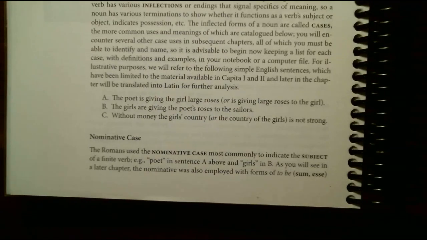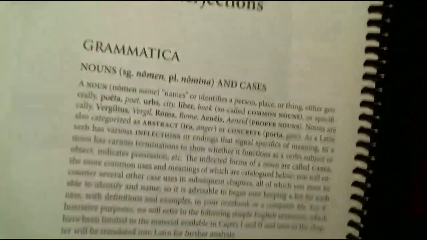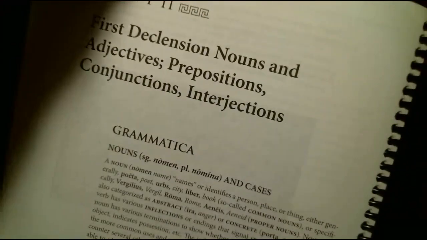Speaking of nouns, in Latin, word order is not necessary to communicate which part of speech a word is. In Latin, they use cases, okay? So let's flip over to that page real quick.